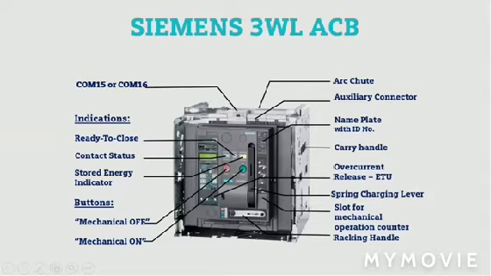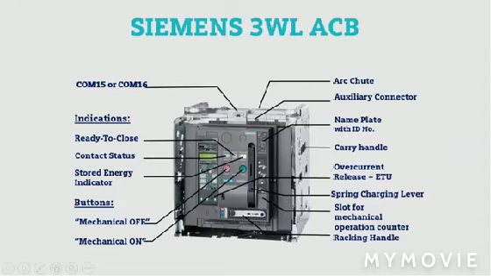By this lever you can charge the spring, and you get that indication from this window, where you can see whether the spring is charged or not. From here you can know the contact status, whether the contact is closed or open. Here this ACB indication shows ready to close.